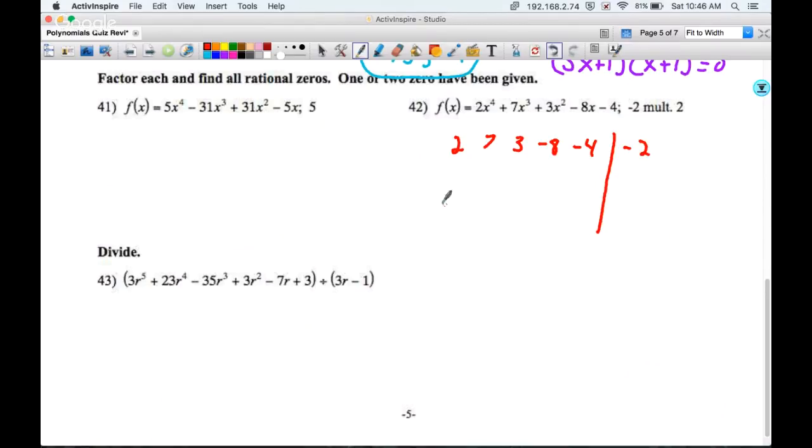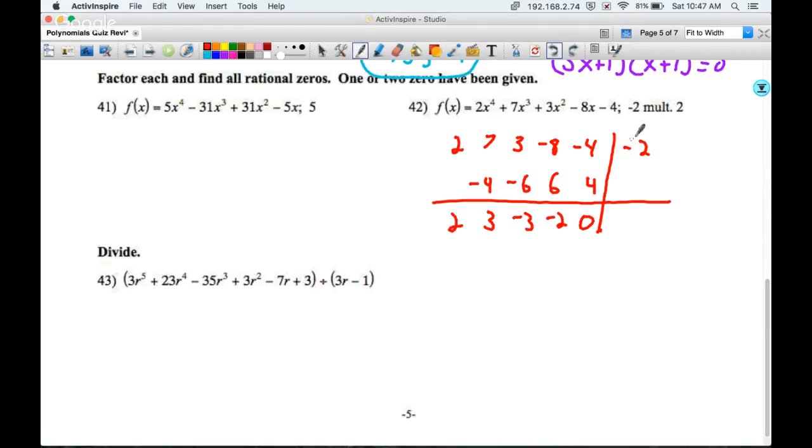The known root is -2. Drop the 2, multiply, -4, add 3, -6, -3, 6, -2, 4, 0.